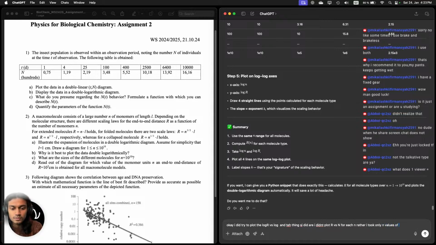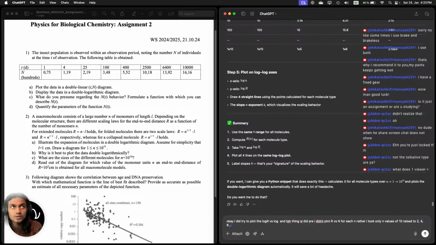N values of 10 to 2 for so they rate of power, is that how it's said? I don't know.